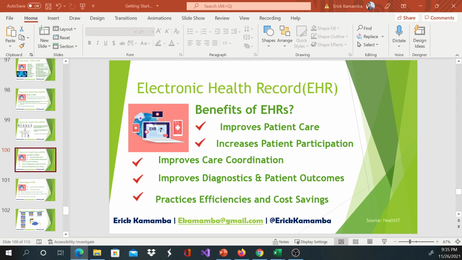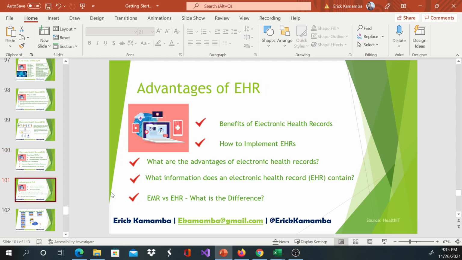Anyways, I don't want to go deeper into all this information here. If you would like to know more about EHR, please contact me. And there is a lot really to learn how to implement EHR. Okay, we can learn step by step on how to implement, how an EHR system looks like in the front end.